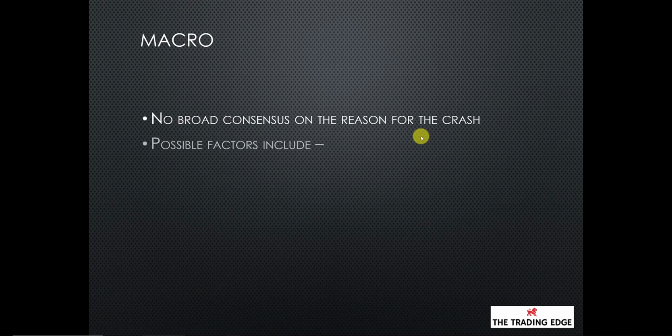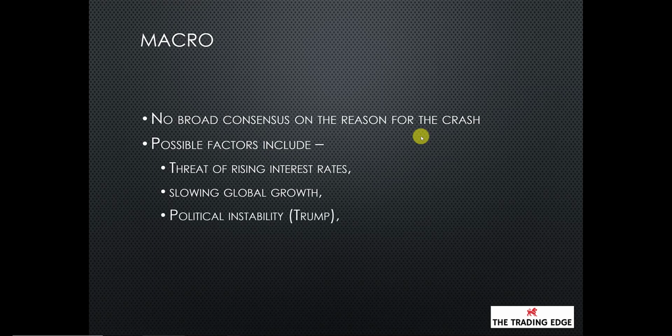Right? We do know that some possible factors include the threat of rising interest rates. So the Fed had been talking up the possibility of rising interest rates, and they were quite hawkish, and they did raise rates. Slowing global growth, which has been a story that's been going on for a while now.